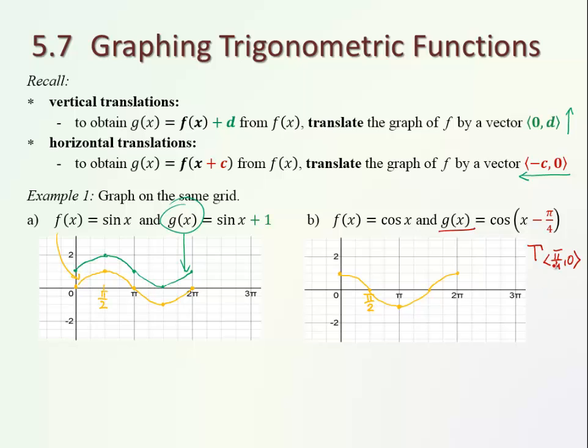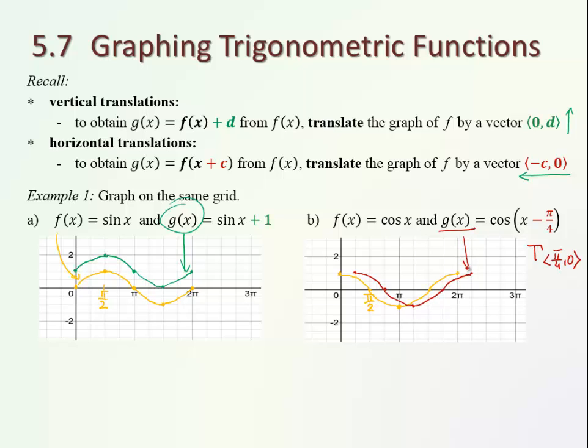So pi quarter to the right, because we're subtracting pi quarter, so we need to move everything pi quarter to the right. Therefore, this point goes here, that one over there, this one here, this one there, that one there. And join all the points like this.